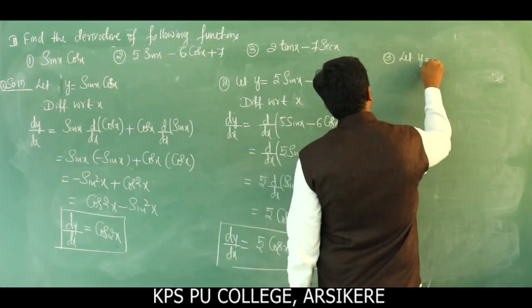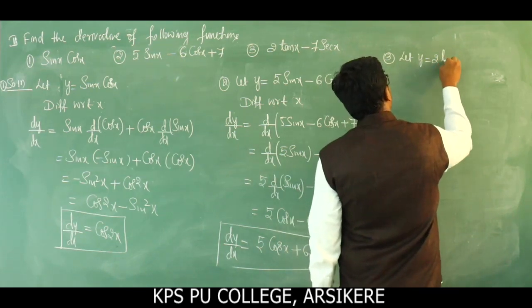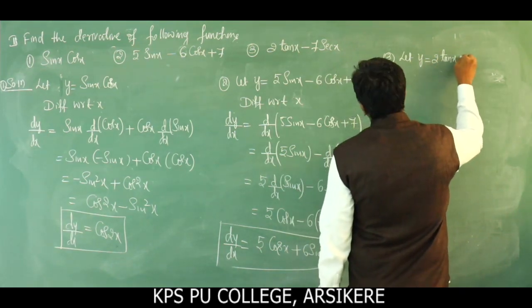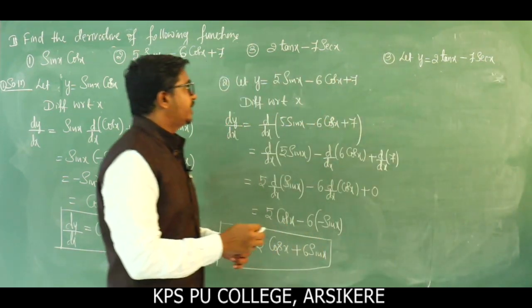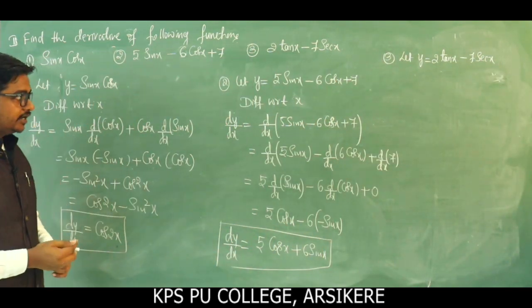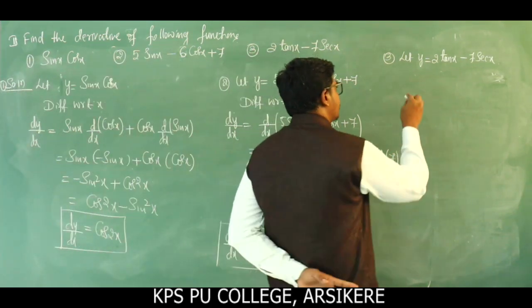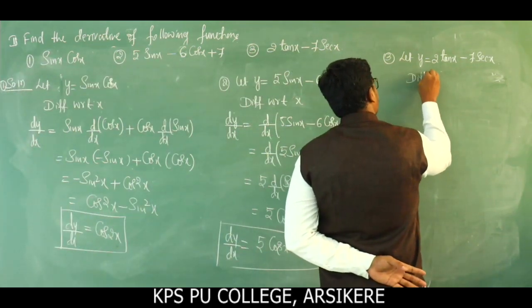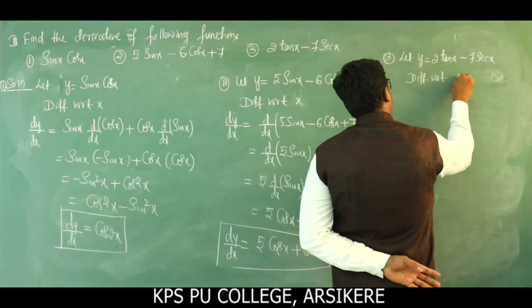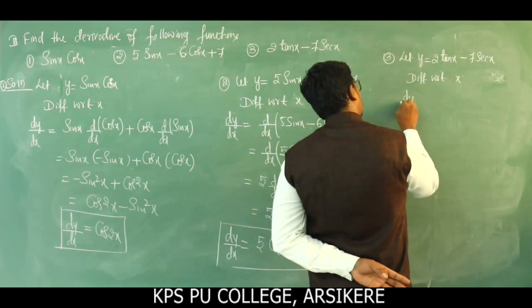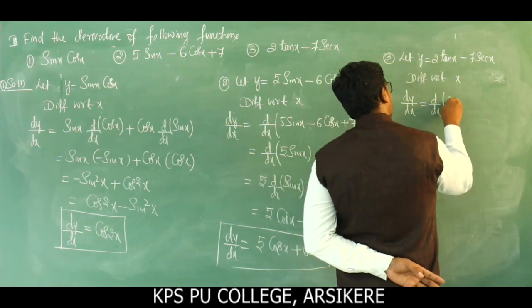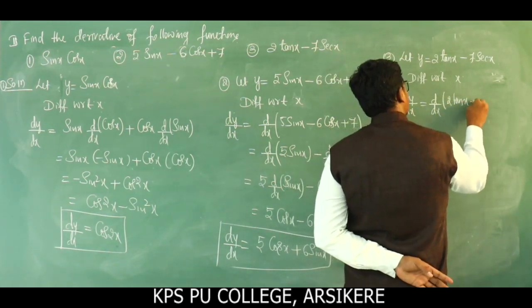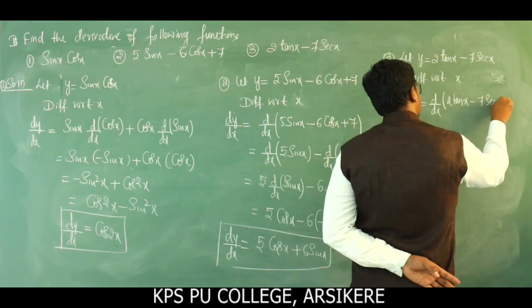let y is equal to 2 tan x minus 7 secant x. Differentiate with respect to x. Dy by dx is equal to d by dx of 2 tan x minus 7 secant x.